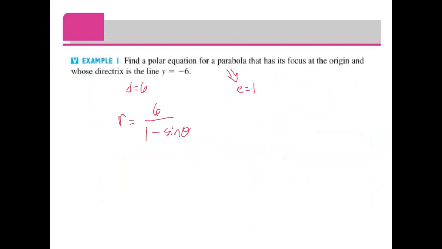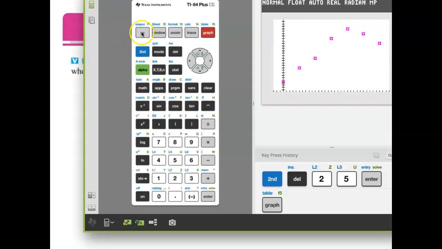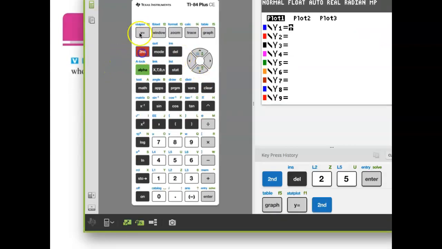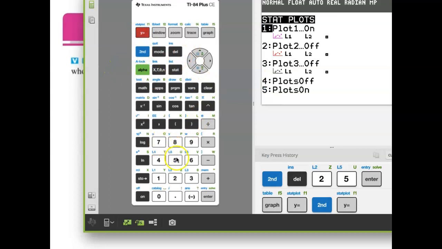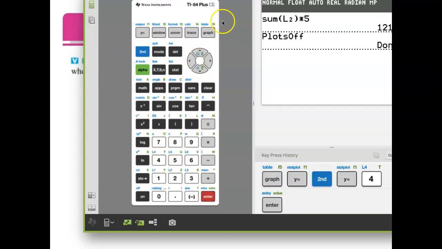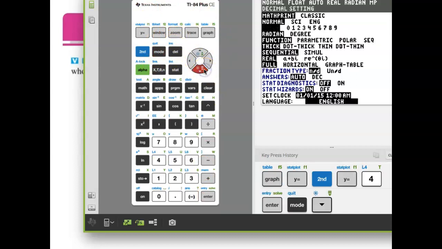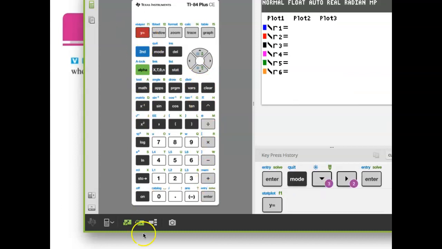All right, again, so let's just go ahead and verify that this is giving us the conic we want in our calculator. Let me turn off my stat plot from last period, and turn on my polar mode. All right, so 6 over 1 minus sine theta.